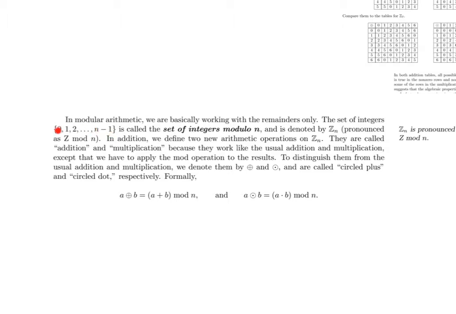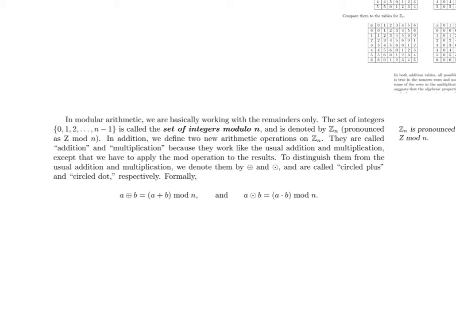If we take this set of integers from 0 to n minus 1, we can call that the set of integers modulo n, and here's the notation we use. We pronounce it z mod n. We can define addition and multiplication on this set.